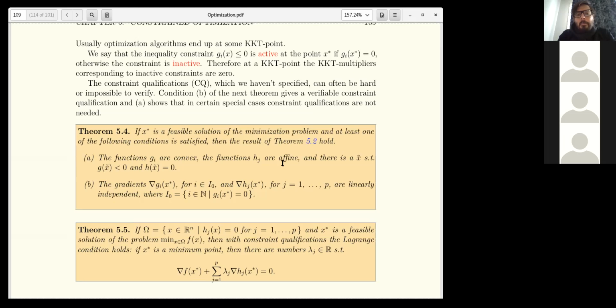If we have a feasible solution of the minimization problem, then the theorem holds: if the solution is a feasible point, then it can be found among the KKT conditions if all the f and g functions are convex, and the equality constraints are linear constraints.